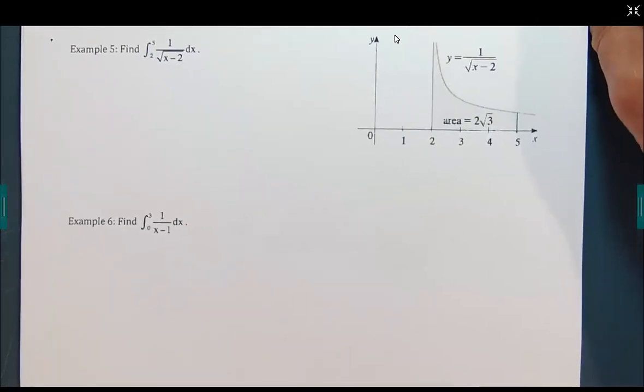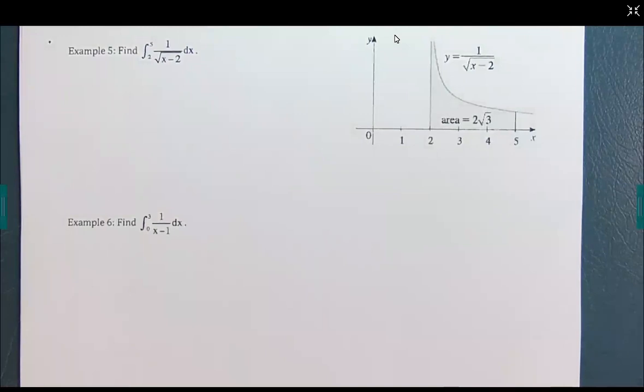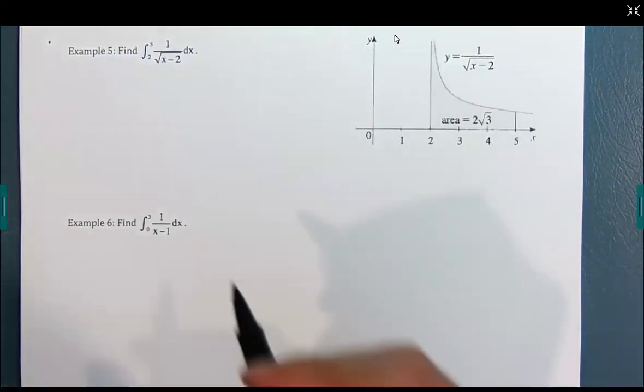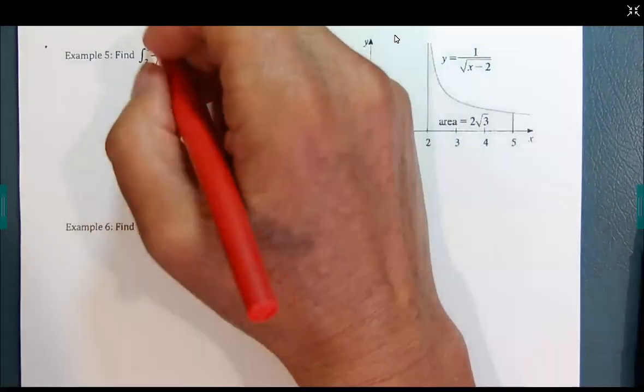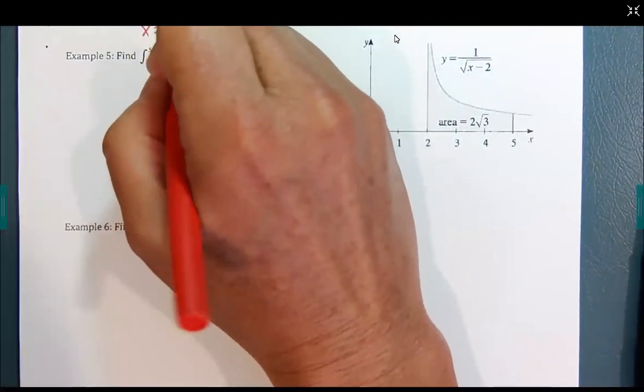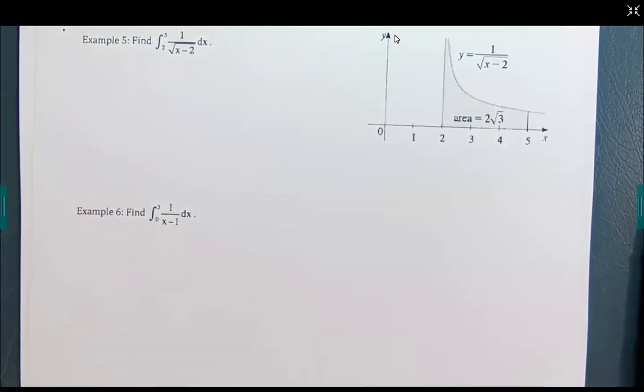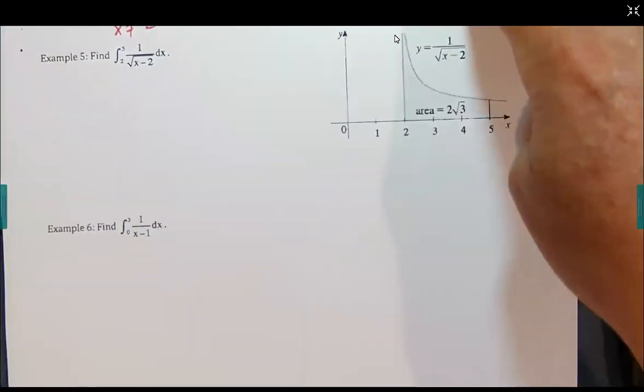All right. Now you'll note that x cannot equal 2. If we do, we're dividing by 0, and that's no good.